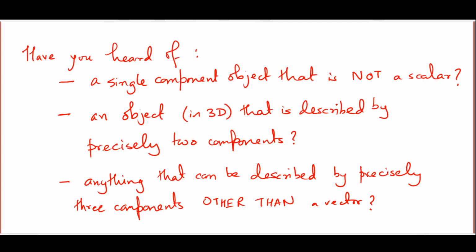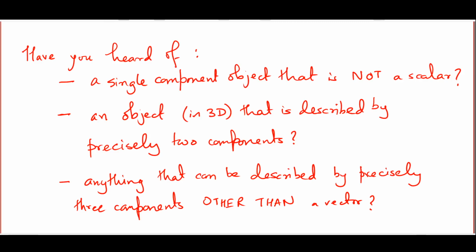In other words, we are not talking about things like the x component of a vector, which of course is a single number. However, if you just knew the x component of a vector in one coordinate frame and nothing else about that vector, then there would be absolutely no way of finding out even the x component of the vector when you rotate your coordinate frame. So such objects are not things that we are talking about.